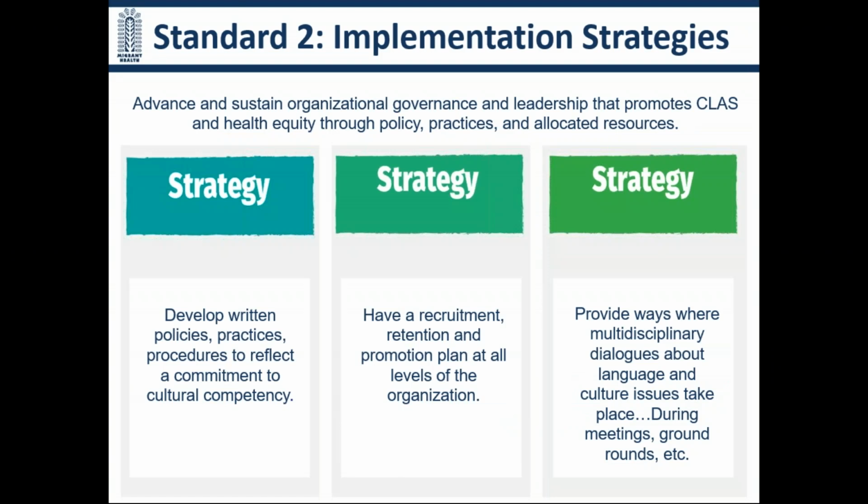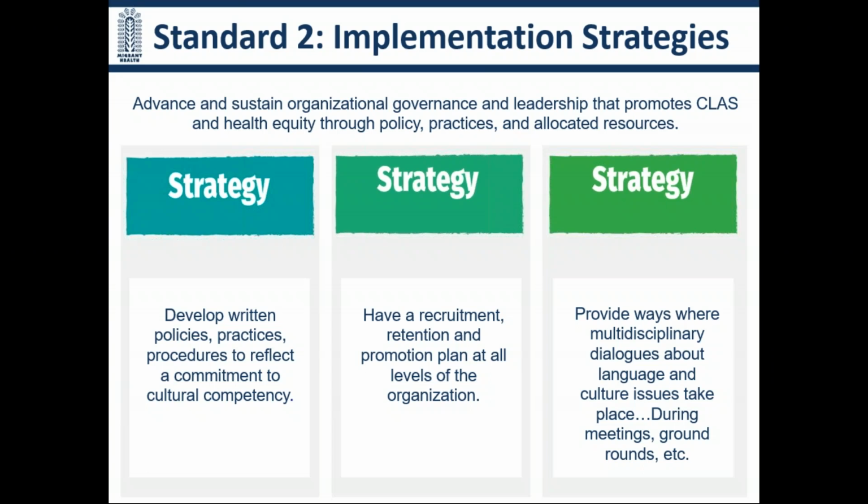So let's talk about some strategies that would help you to achieve Standard 2. Well, do you have written policies, procedures, and practices that are around cultural competency? Does your leadership reflect the demographic characteristics of the populations that you serve?